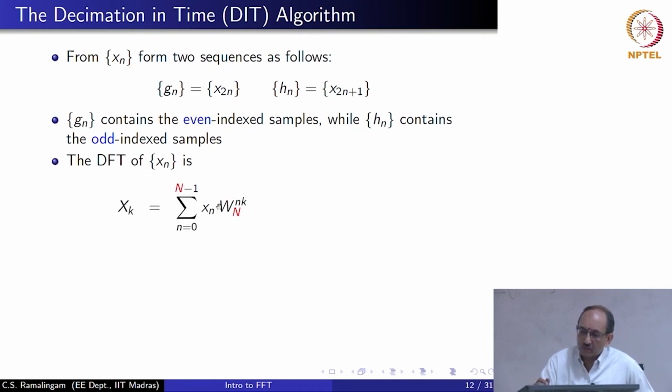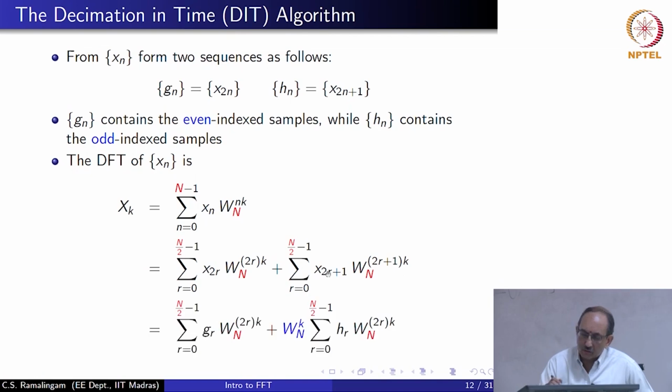X[k] is our usual definition, where I have used the W notation here, and then we split this summation from 0 to n minus 1 into those involving the even indices and those involving the odd indices, and x[2r] is nothing but g[r], x[2r plus 1] is h[r], and in W_N to the power (2r plus 1)k, you can take out W_N power k outside, because this does not involve the index of summation. So, this is what we have. This is just simple straightforward manipulation, splitting it into even and odd indices.